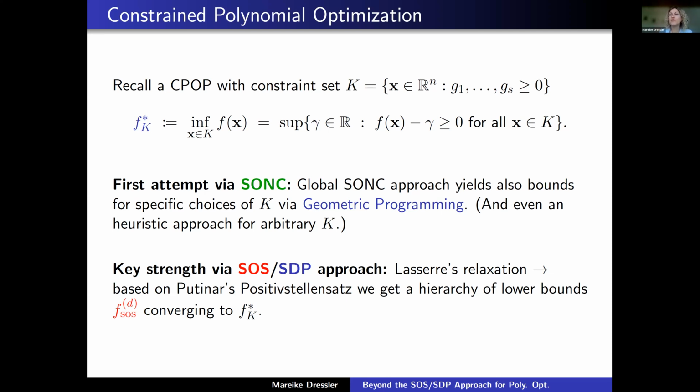And the theory behind this converging hierarchy was a specific Positivstellensatz. Usually one uses Putinar's Positivstellensatz, which expresses a polynomial linearly in the constraints. You saw that on Tuesday.